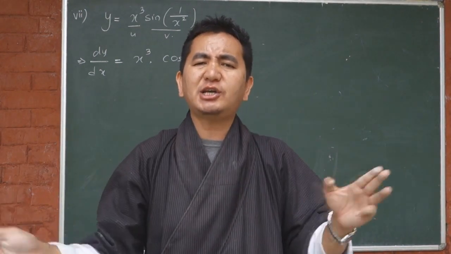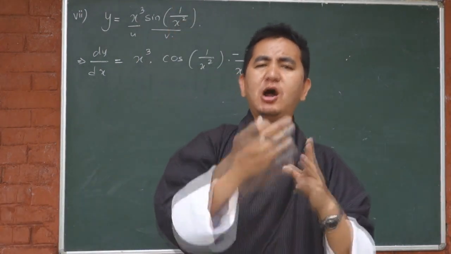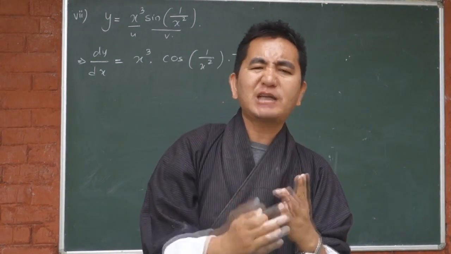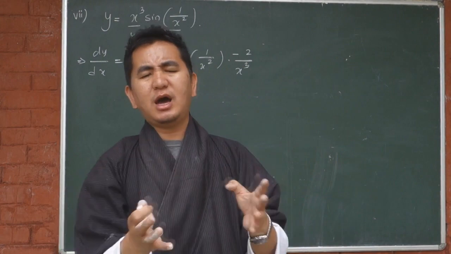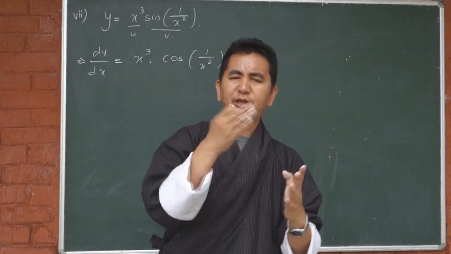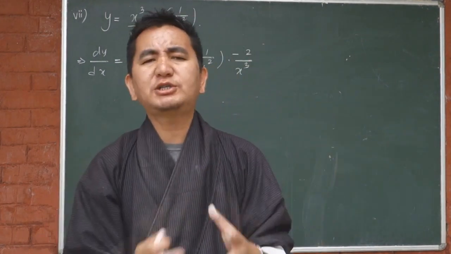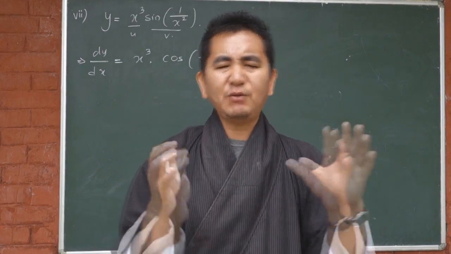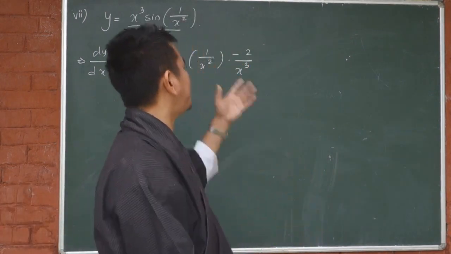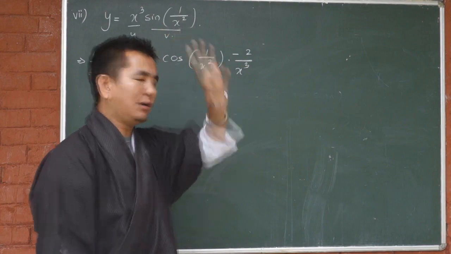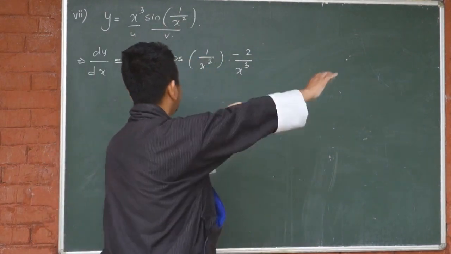Then we will go with logarithmic, and the functions get larger and larger. Logarithmic will be a mixture of algebraic and trigonometric. Exponential consists of algebraic, trigonometric and logarithm. All the functions will get mixed. If you face problems with algebraic, then definitely you will face problems in differentiation.